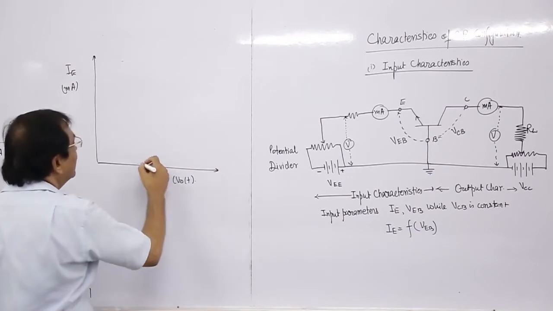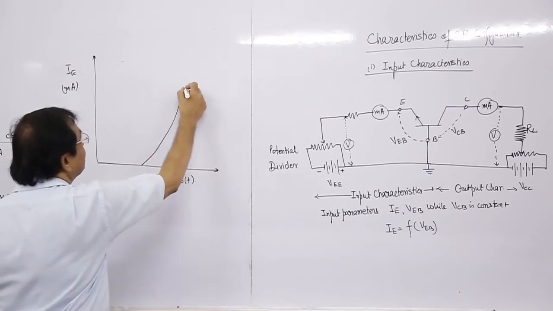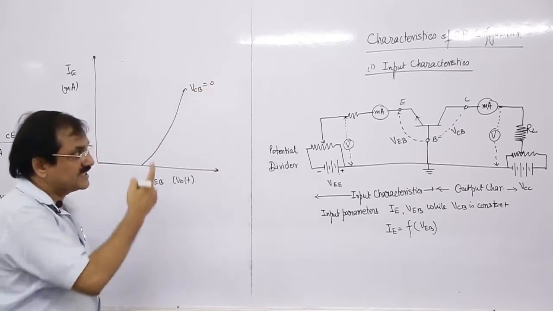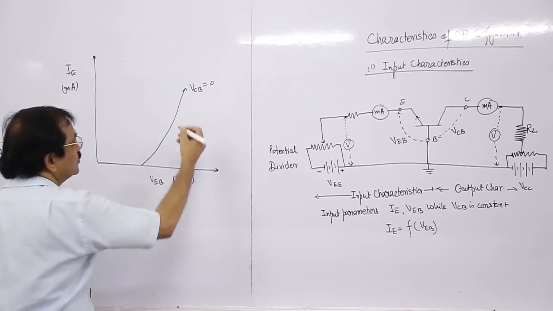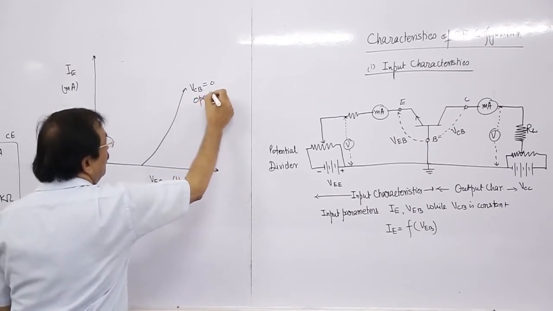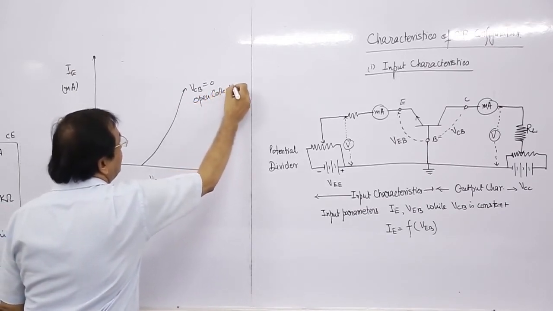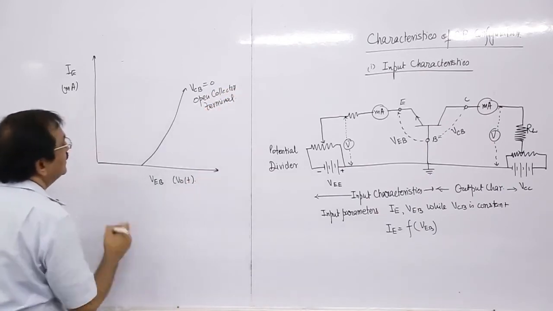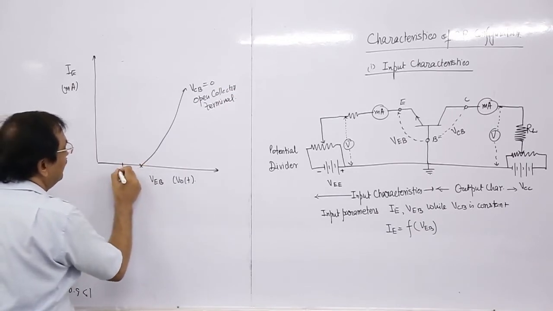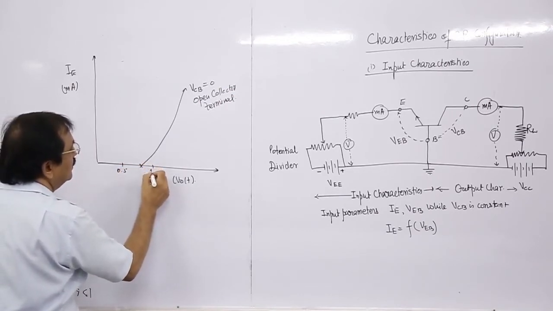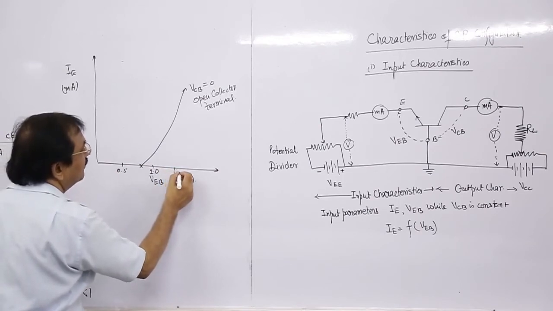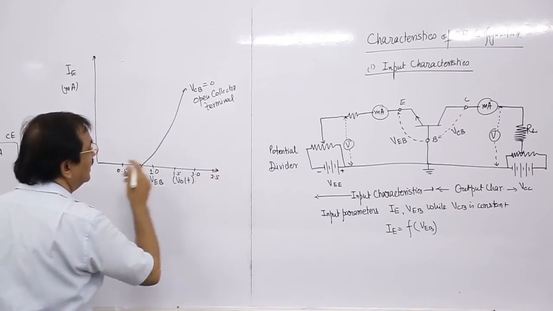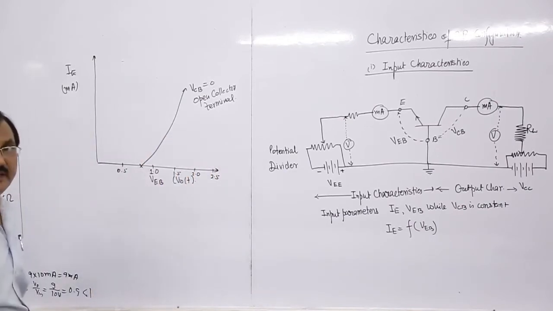So if the curve is something like this, when VCB is equal to 0, that is open collector terminal, then this value is 0.5, this is 1, this is 1.5, this is 2.0, this is 2.5, and in this way, etc. VEB values.